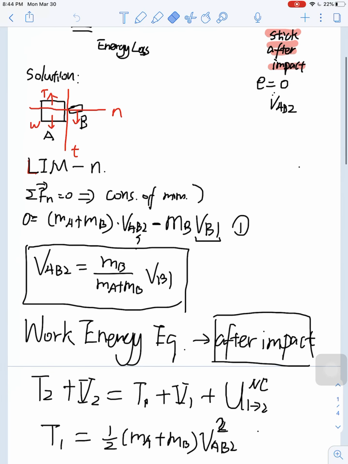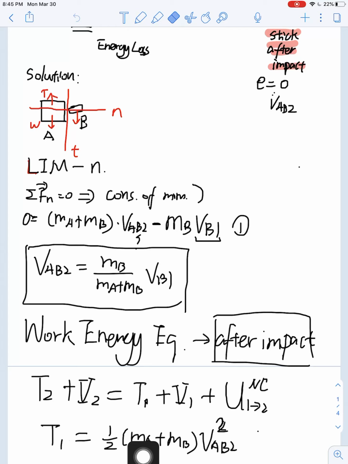So we will need to use the work energy equation, only applied after impact. From the work energy equation, we know T2 plus V2 equals T1 plus V1 plus U, which is the work done by the non-conservative forces from position 1 to 2. T1 is the kinetic energy at position 1, that's the position right after impact. Keep that in mind.